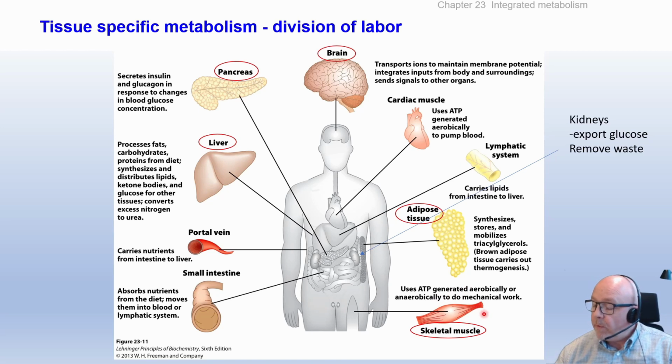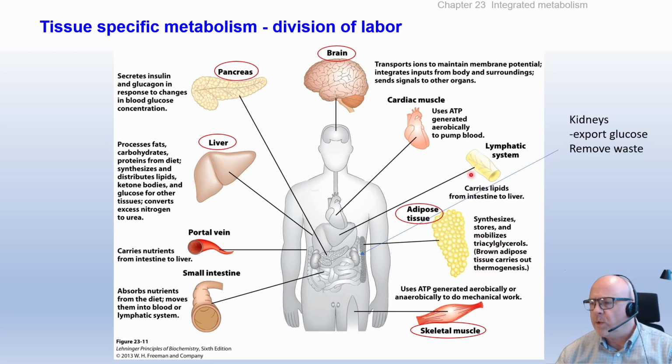Muscle we've talked about already and we'll mention again. So it uses ATP generated aerobically or anaerobically to do mechanical work. Adipose tissue we will discuss. It synthesizes, stores, and mobilizes triacylglycerols. That is the white adipose tissue, and we will mention briefly brown adipose tissue, which carries out thermogenesis, so the generation of heat.